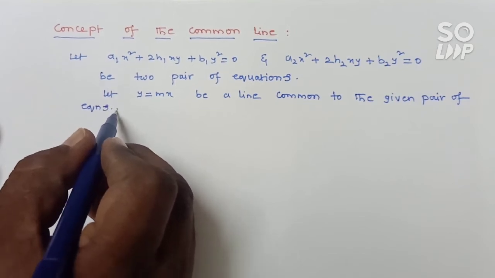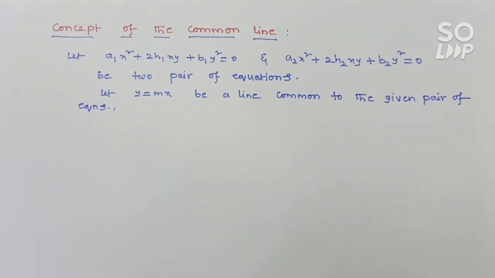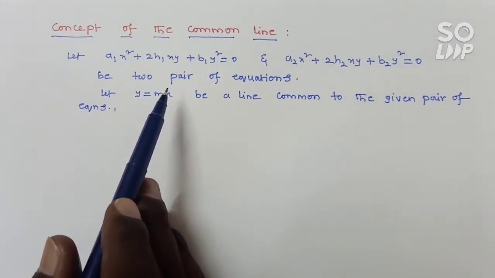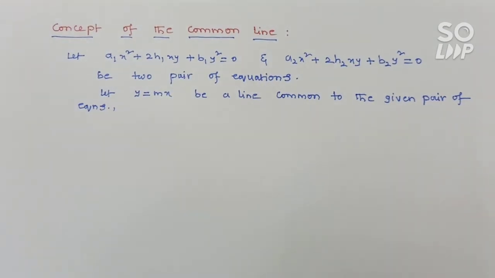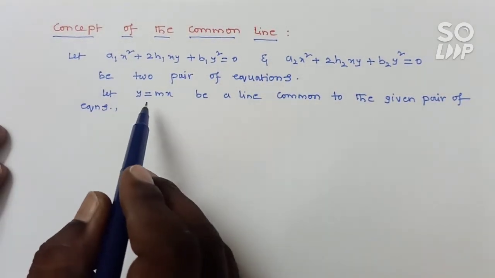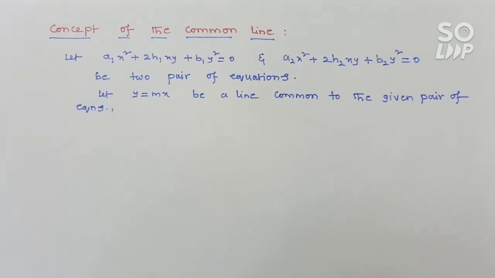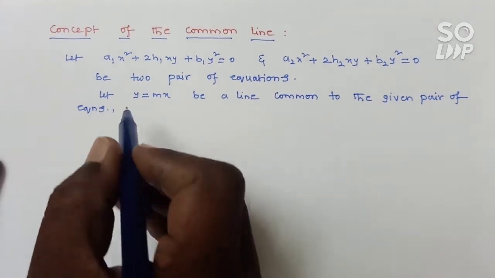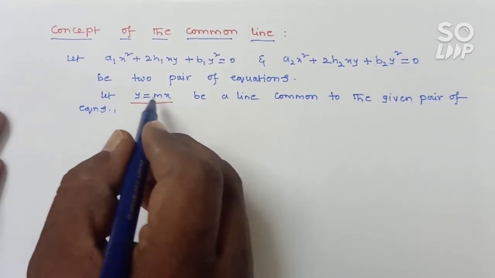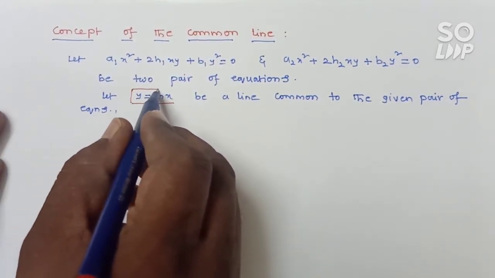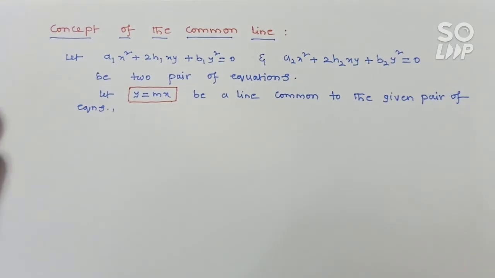If this one is the common line, it means this is one of the factors of both equations. That means this equation will satisfy the given two equations. y is equals to mx will satisfy the given two equations. What is the meaning of satisfying both equations?